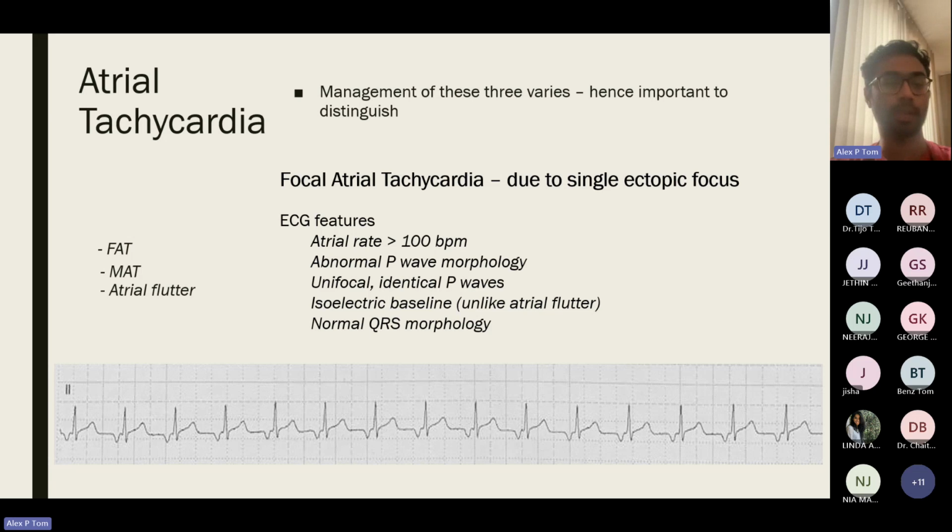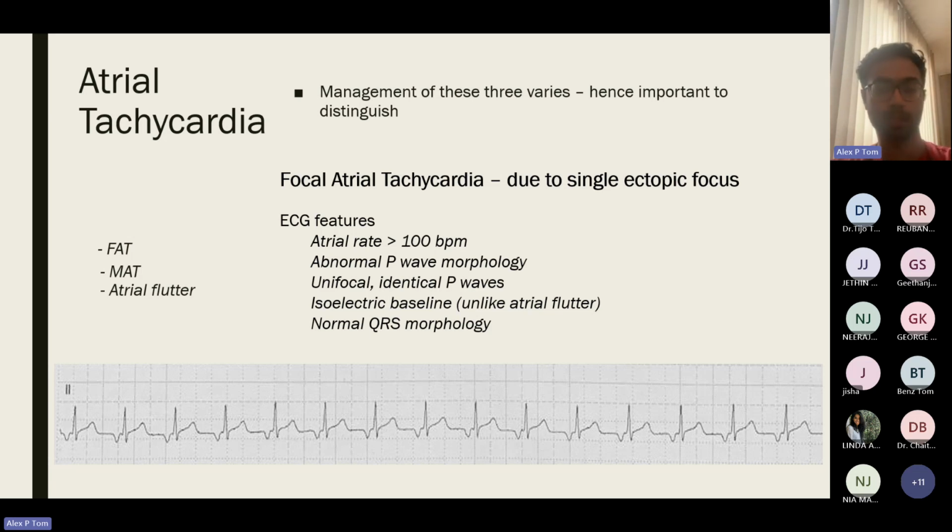So it's abnormal in shape, abnormal in deflection. You can see here that it's an inverted P wave like wave, immediately followed by QRS, and that keeps on going, and it's a tachycardia. So that is a focal atrial tachycardia.